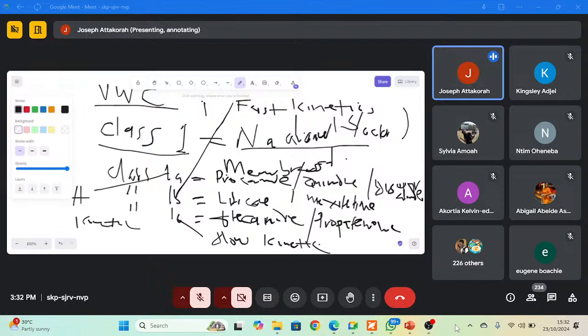So these are class 1. The most difficult class is class 1, and it's not common, we don't mix them. Procainamide is not common. If I ask you about the dose of quinidine, it's not common.